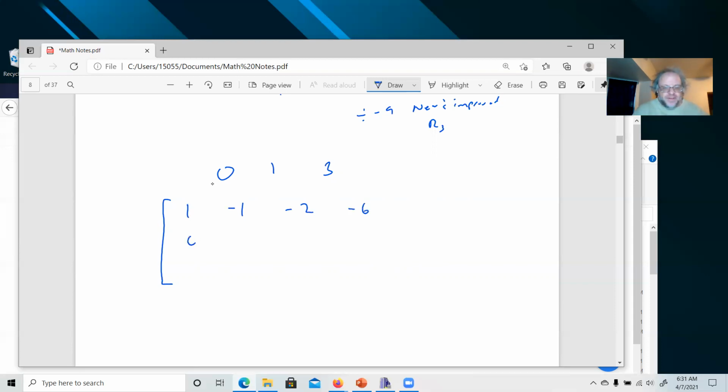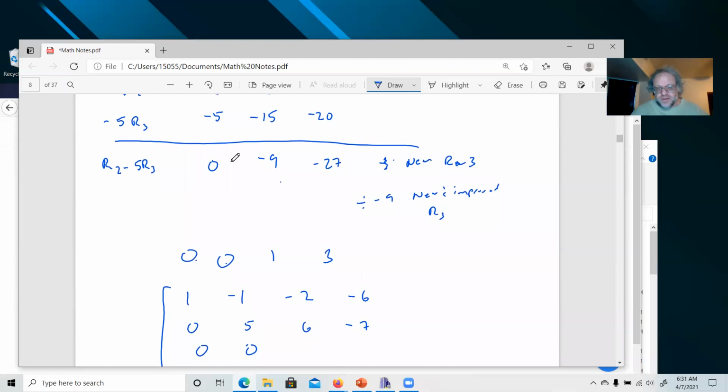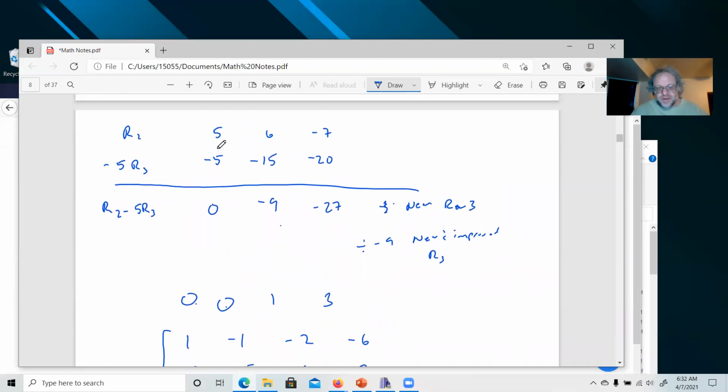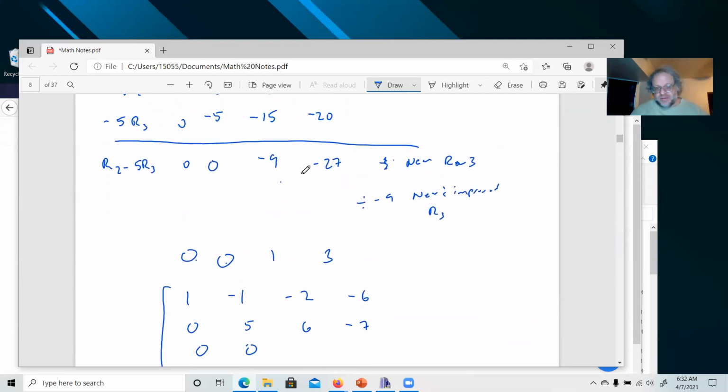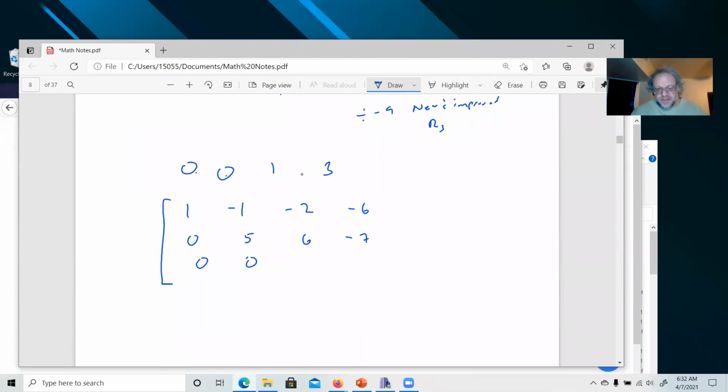Okay, and we have 0, 5, 6, negative 7, and then we have 0, right? 0, because actually we didn't worry about the x part, we just had the y part, and this one we didn't care about it. But we put it back in. We have to have it if you remember where it is. But this was 1, 3.